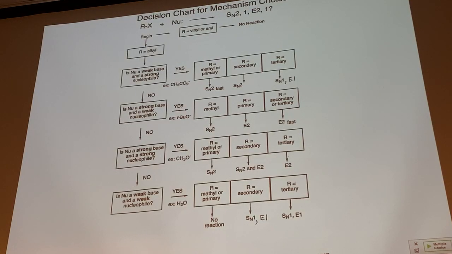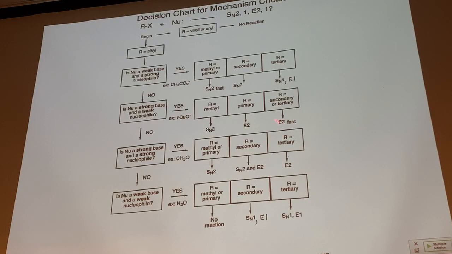We have to be able to decide if something is a methyl, primary, secondary, or tertiary alkyl halide. So we've got to classify our alkyl halide. We've got to be able to classify our reagent as either a strong or a weak base. And we have to be able to classify our reagent as a strong or a weak nucleophile. Okay? If we can do those three things, we can use this flow chart and predict the outcomes of the reactions.